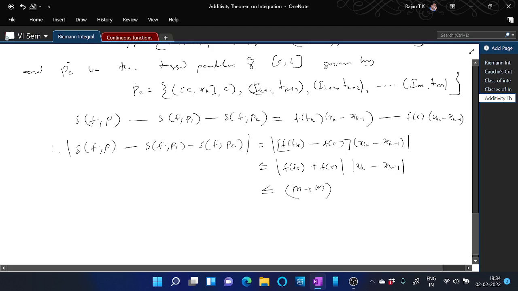So mod of f of tk is less than or equal to M, and mod of f of c is also less than or equal to M.